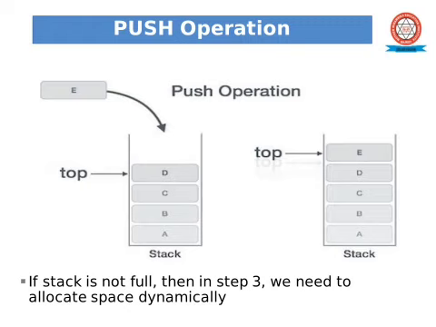And now if you want to put a new data element, that is E, on the stack, then increment top to point to the next empty space, and after that add the data element to the stack location where top is pointing now. So here you can see the E element is now the top of the stack.